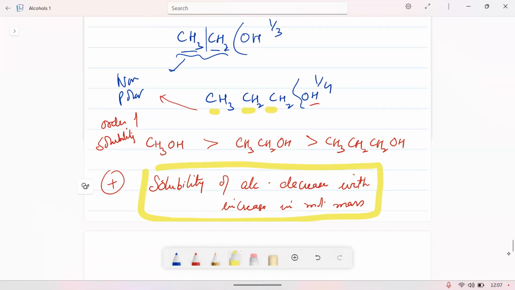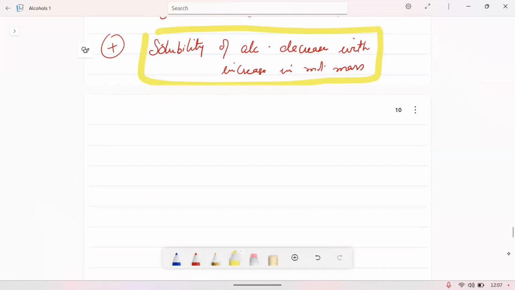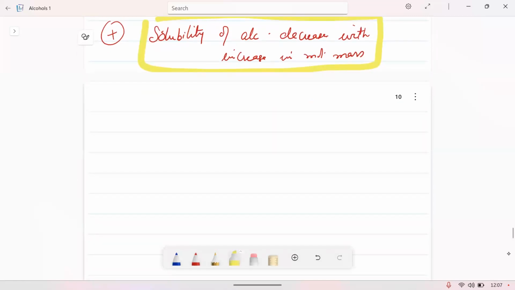Finish. So this is all about your naming, nomenclature, and physical properties. Next, we will talk about reactions involved in alcohols and oils. So the introductory part is done.